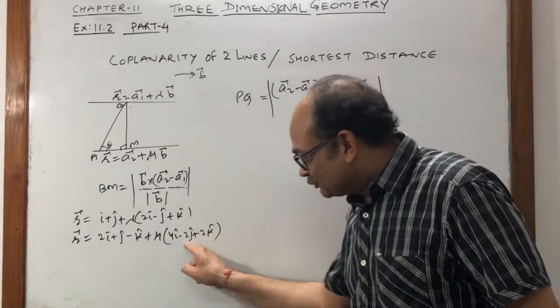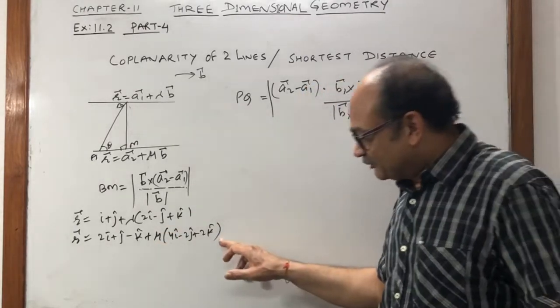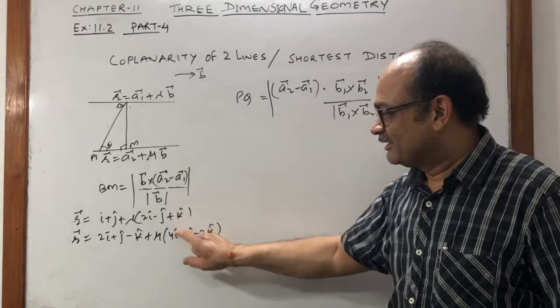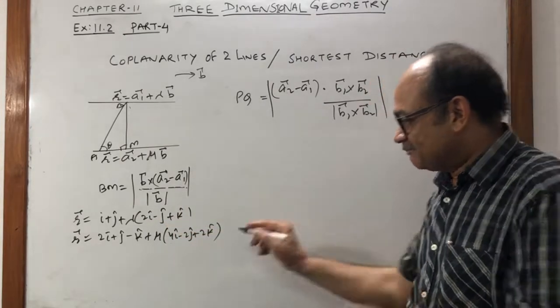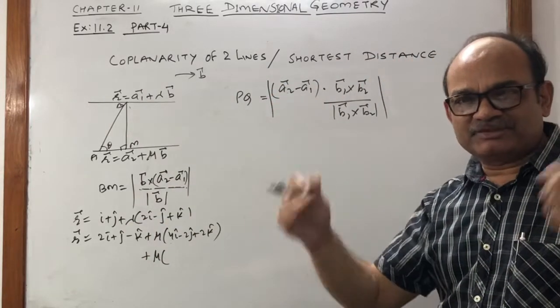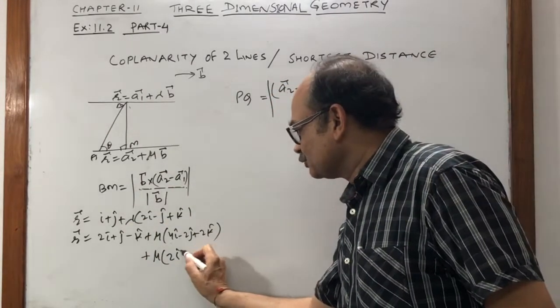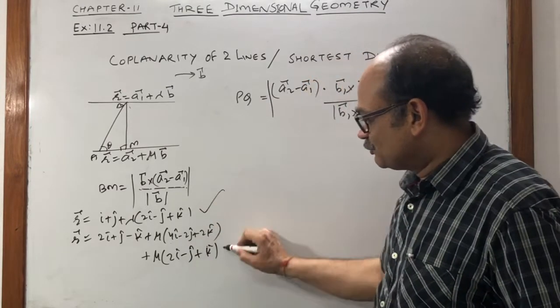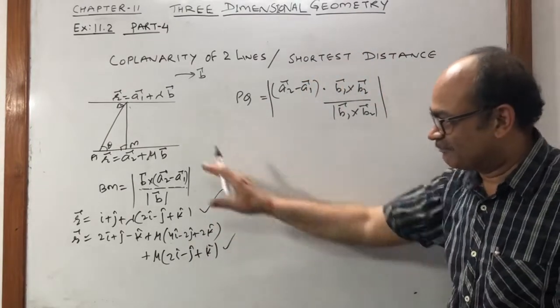Because if you take two common and mix up with mu, these two remain 2i minus j plus k. It's an important point. So here we write mu. Take 2 out and mix up with mu. What we are getting? 2i minus j plus k. Now these two vectors are parallel. We can apply this formula.